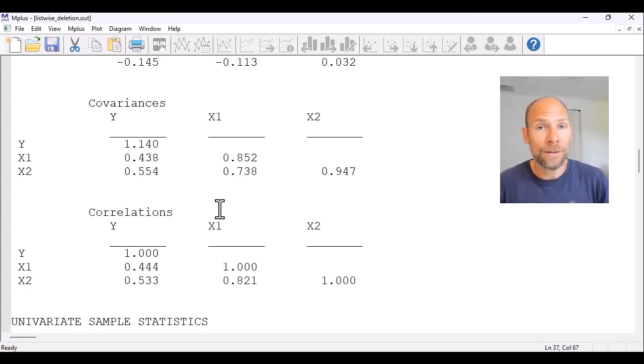Also, one reason could be if you wanted to compare the sample statistics across Mplus and SPSS to make sure your data import worked well in Mplus and there was no error in importing the data, then that could be a reason for a preliminary analysis to use listwise deletion, so that you can directly compare the sample means, sample covariances, and sample correlations between the programs. But those are really the only two reasons that I could think of that you would use listwise deletion.